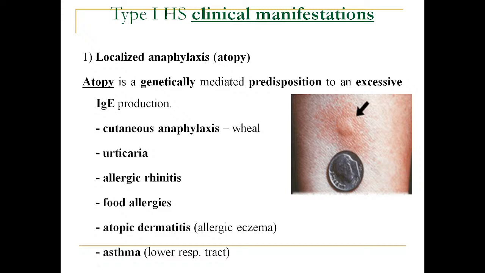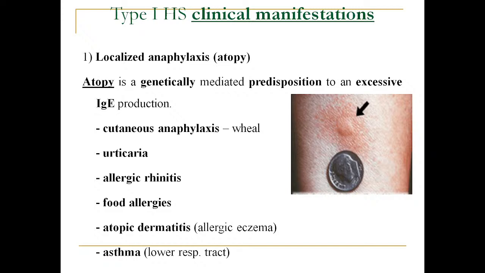Atopy is a genetically mediated predisposition to an excessive IgE production. Genetically mediated predisposition means that in some humans, in some patients, there are genes that express hyperproduction of IgE.